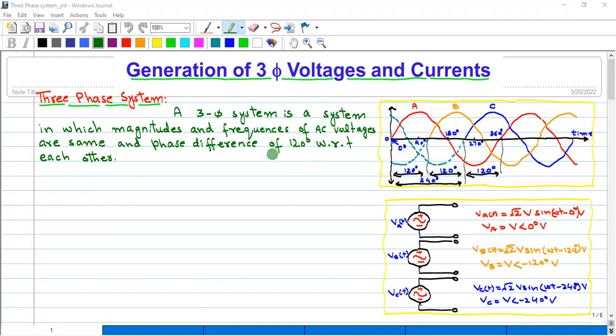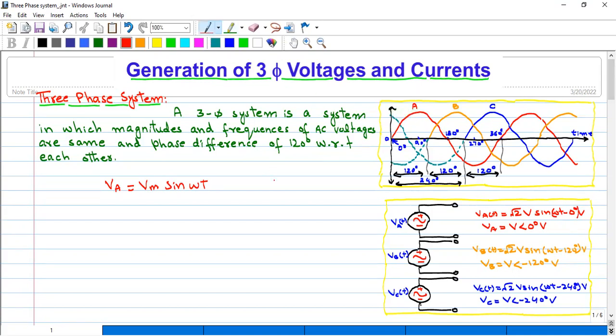Let the first voltage VA be equal to Vm sine omega t. Vm is basically the peak voltage or maximum voltage. As you can see here in this figure, this peak is the Vm voltage, the maximum voltage or peak voltage.